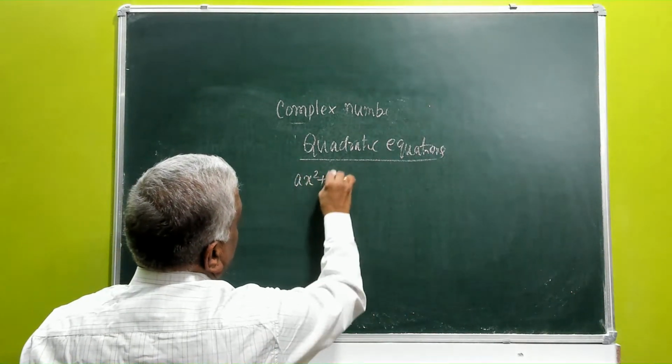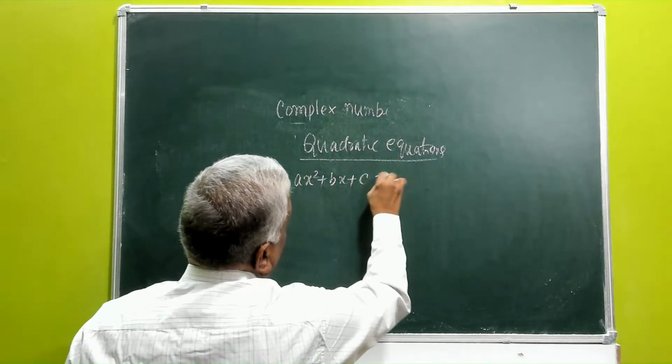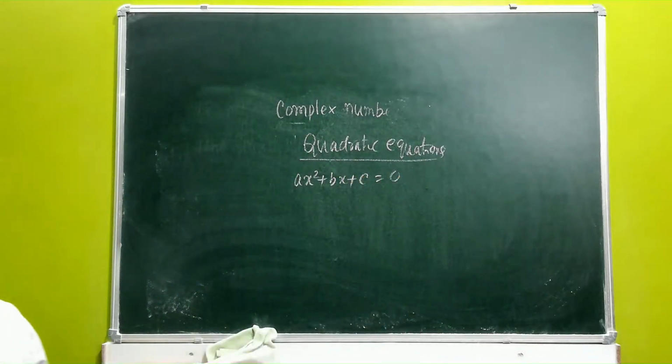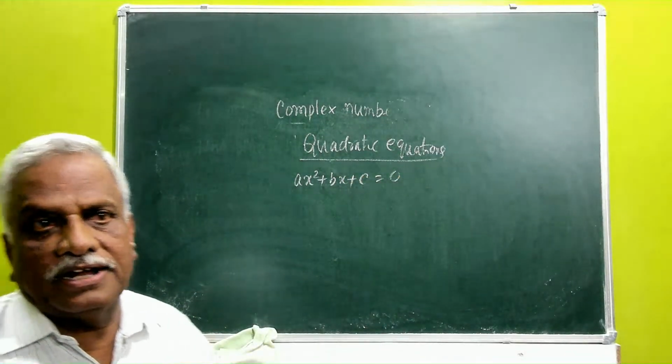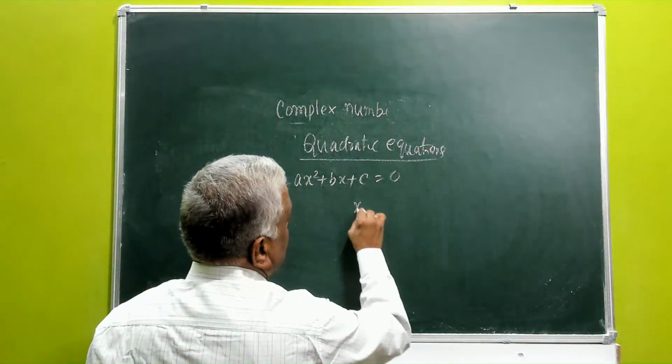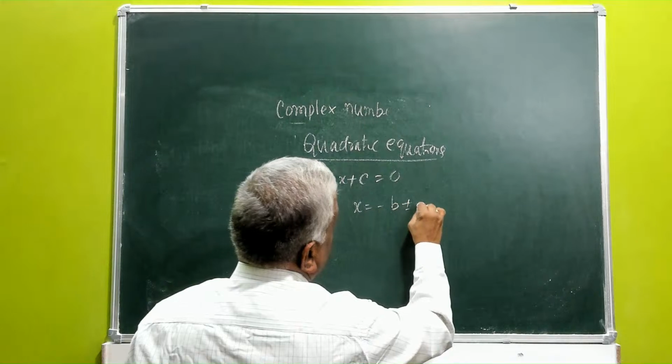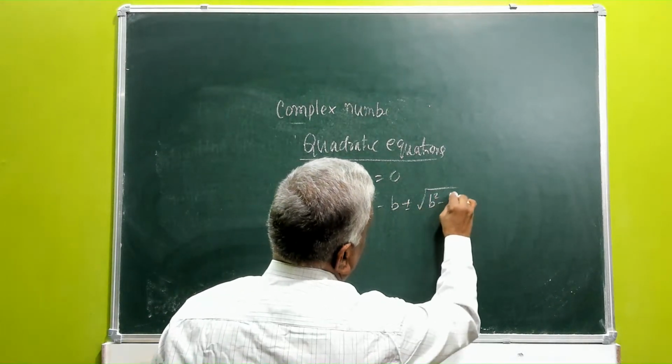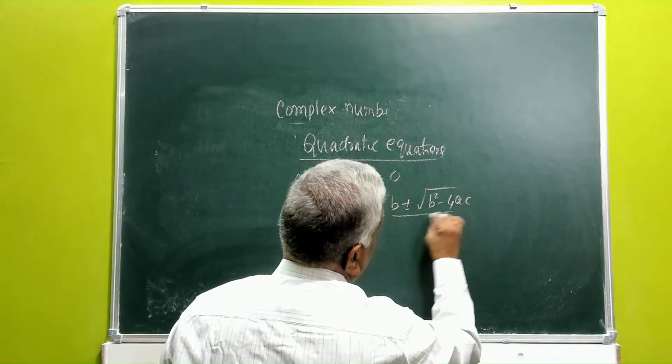ax square plus bx plus c equal to 0 represents a quadratic equation, and every quadratic equation has two roots. The roots are given by x is equal to minus b plus or minus square root of b square minus 4ac, divided by 2a.